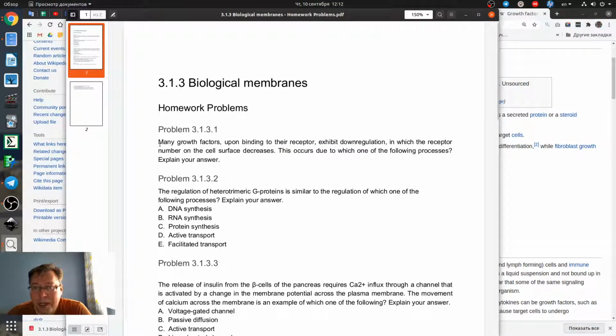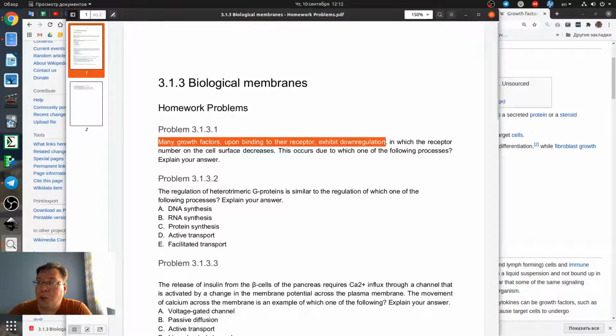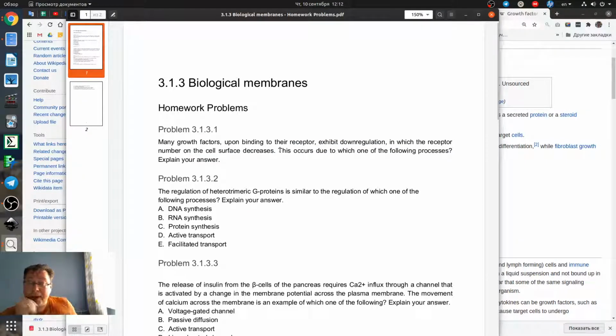The question: many growth factors upon binding to the receptors exhibit downregulation in which the receptor number on the cell surface decreases. What does it mean? That means that after activation of a specific biochemical process inside the cell, to prevent overfunction of this biochemical process, the number of receptors on the cell surface decreases. That's it.